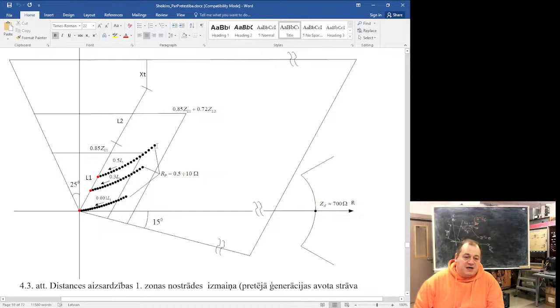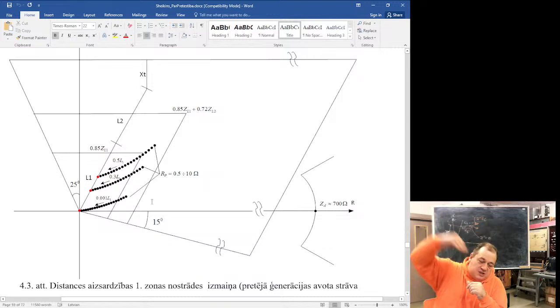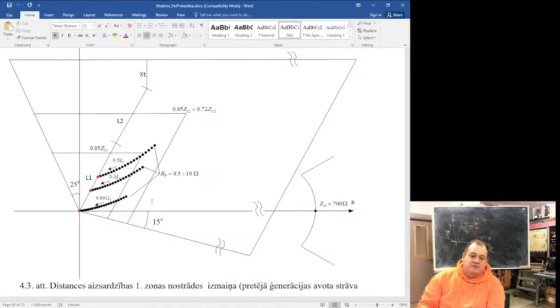How will distance protection see the process when a tree burns? Observable resistance flies into the operation zone.